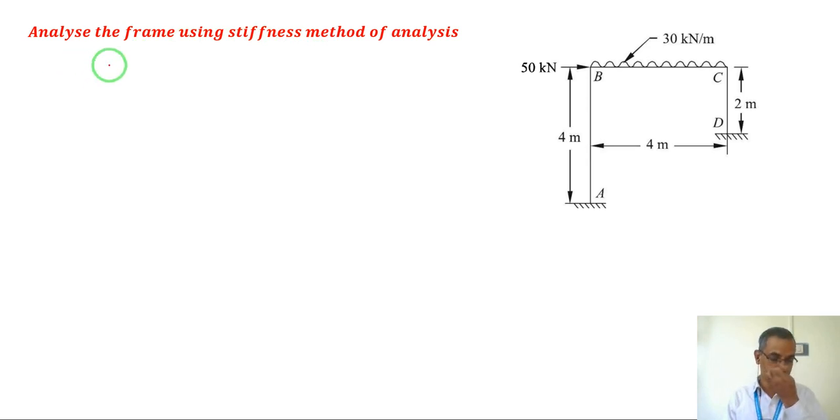Now the first step is to identify the kinematic degree of indeterminacy, also called the degree of freedom. Because of this lateral load, this frame will go laterally to the right, something like this.